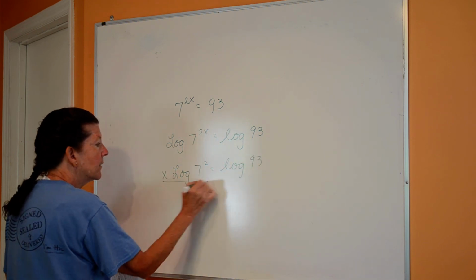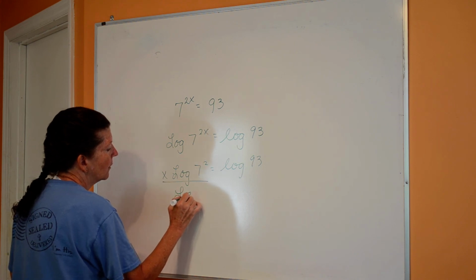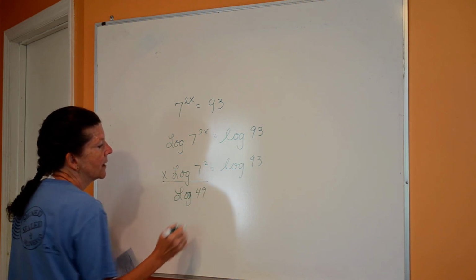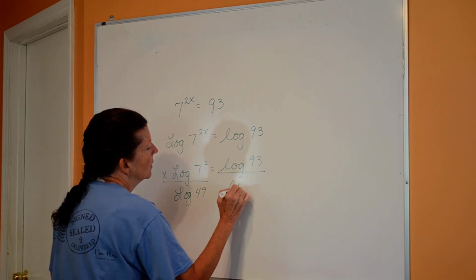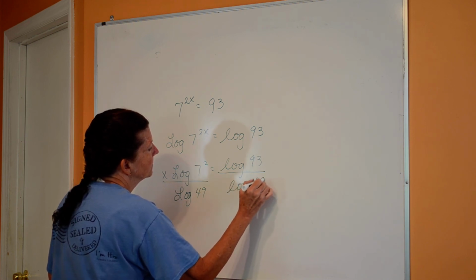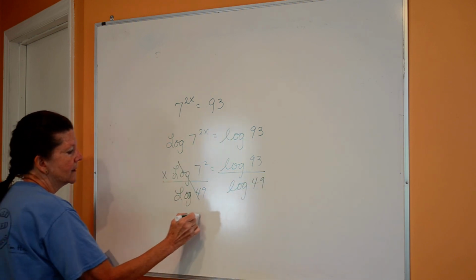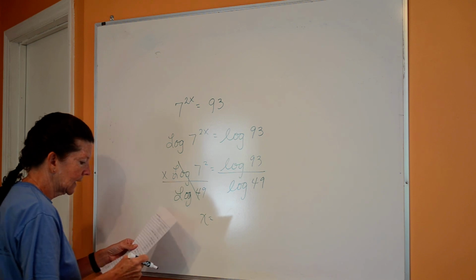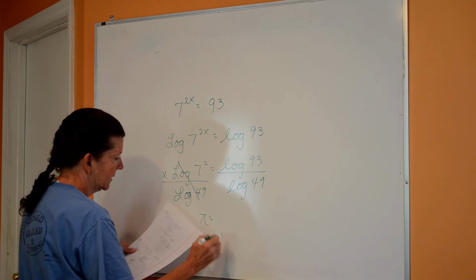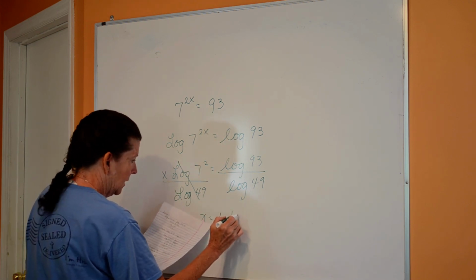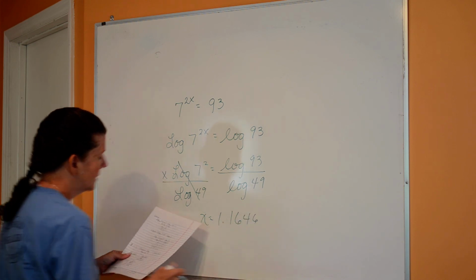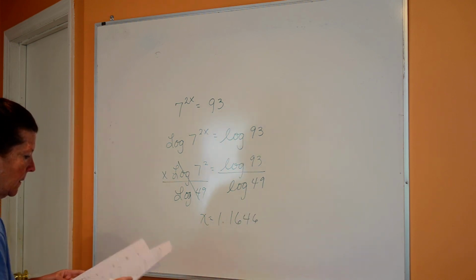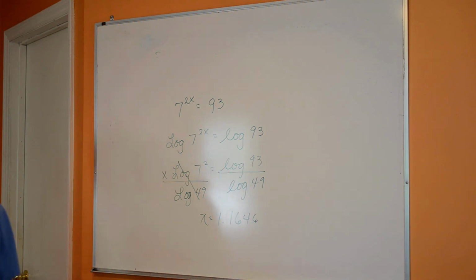Then I'm going to divide by the log of 49, because 7 squared is 49. And that's going to give you what x is equal to. So x is going to be 1.1646, depending on where they tell you to round it. Okay. All right, then we went on to the next section.